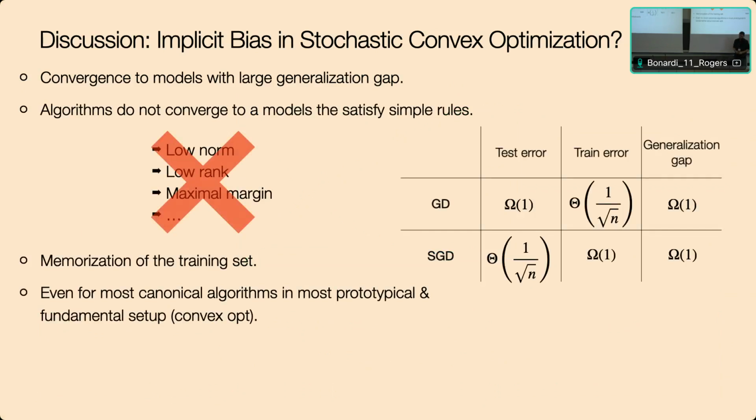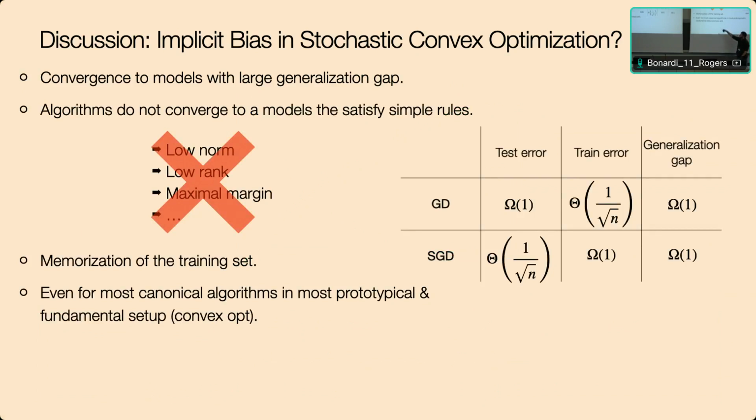Another discussion that I want to have here is the discussion of implicit bias in stochastic convex optimization. Implicit bias, as I said before, is the belief that the algorithm converges to simple models with a small generalization gap.